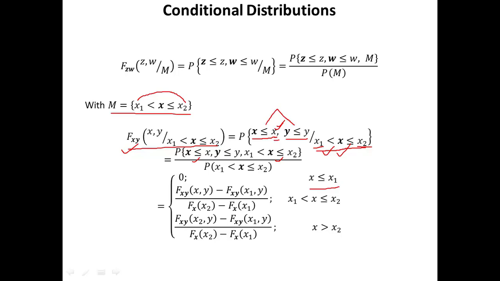Now consider that the value x lies within the range x1 to x2. So now we have this point, let us say this is x1, this point is x2. So the range x1 x2 starts from here and goes up to here, and we are assuming that the x value lies somewhere in between these two values, and let us consider it is lying here.